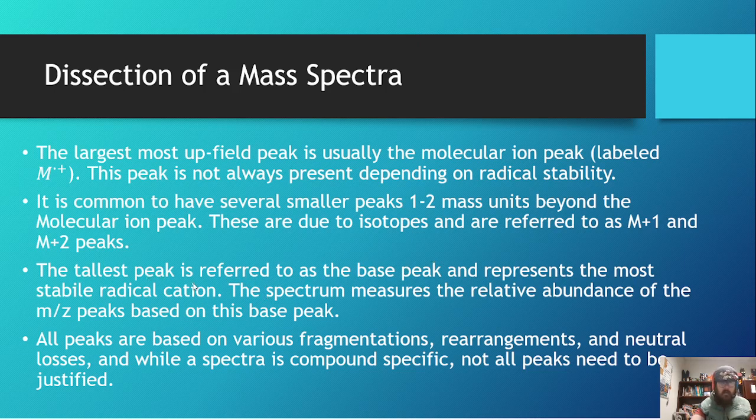When we look at the spectrums, the tallest peak is the base peak. It's the most stable radical cation, or stable cation. And all peaks are just fragmentations, rearrangements, or neutral losses. We don't have to justify every peak, and in this course, we will not be justifying most of those peaks. So don't worry about that too much.